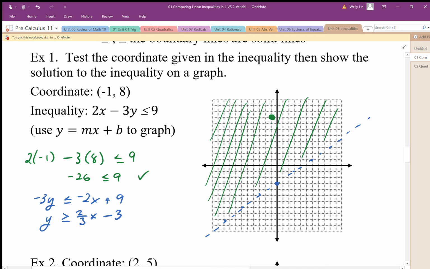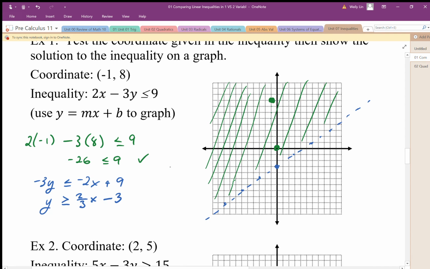Now, if we're ever unsure, we can test another coordinate. I'm going to test 0, 0. If I test it, I end up with 0 minus 0 less than or equal to 9. 0 is less than or equal to 9. Check. That should work.